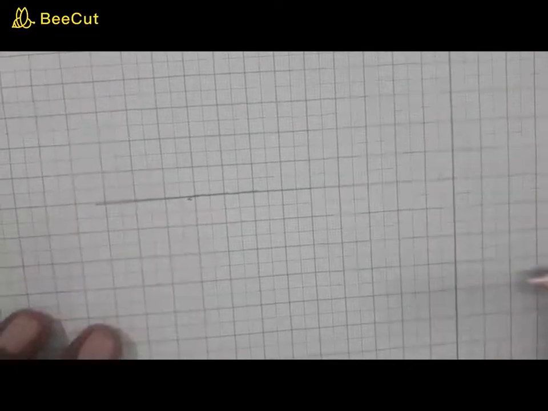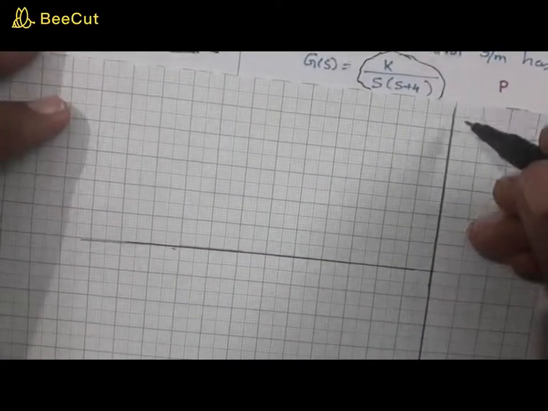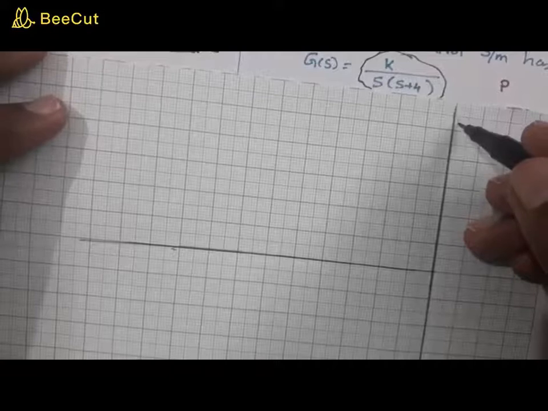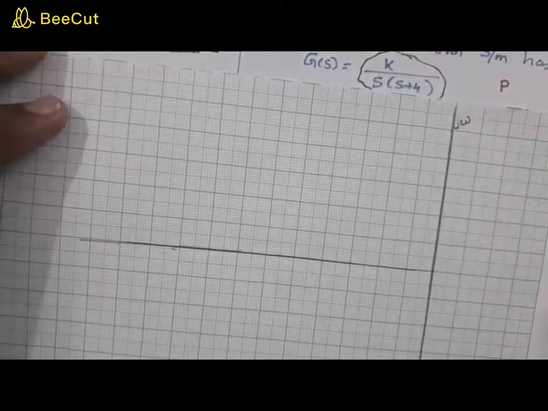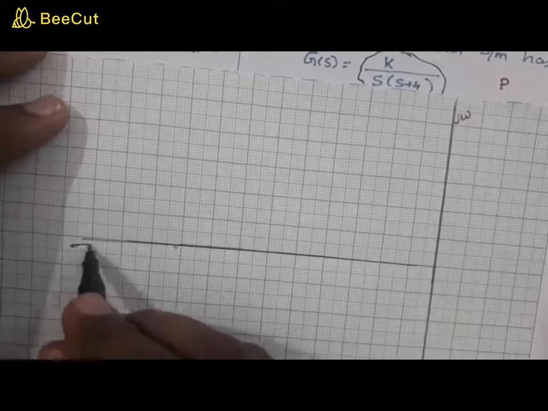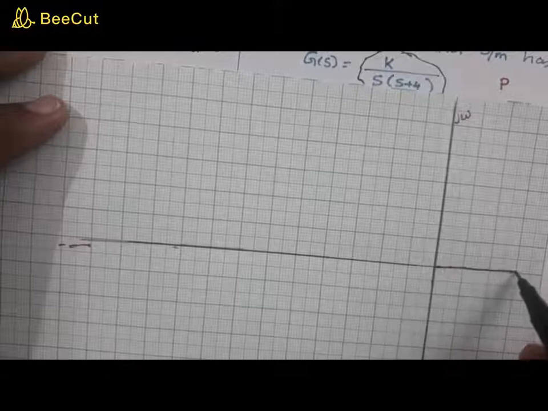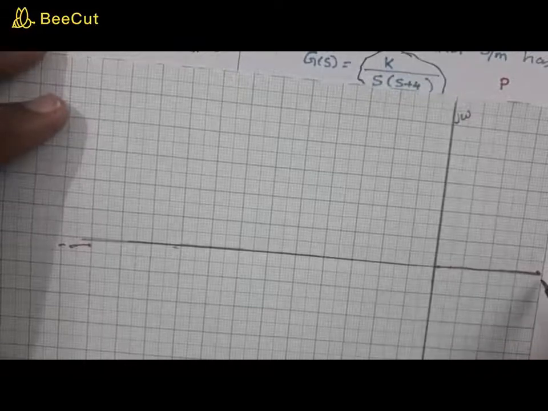Now you have this graph, and you can mark this as the j omega axis. This is the minus j omega axis. This is actually the sigma axis or minus sigma axis.